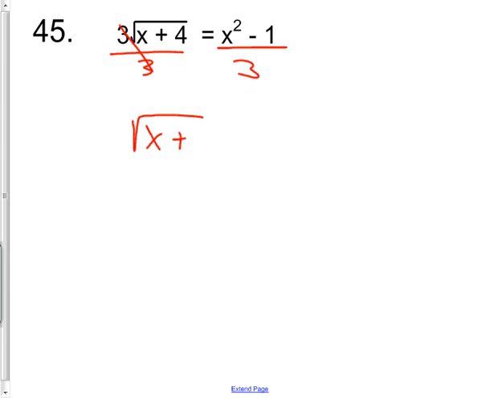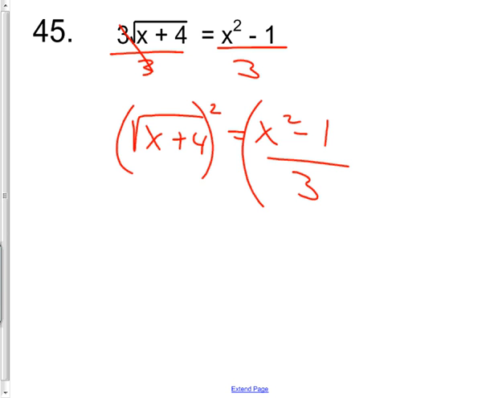Square root of x plus 4 equals x squared minus 1 over 3. Then I got to square both sides to get rid of this square root. Square this side, square that side. This is the absolute value of x plus 4. You just learned that a second ago. No, wait, I'm wrong. That's not the absolute value.